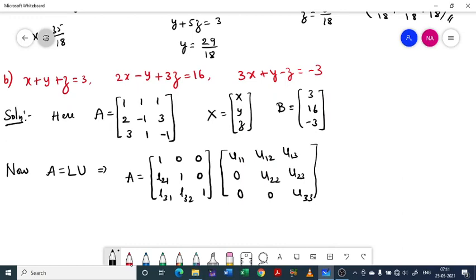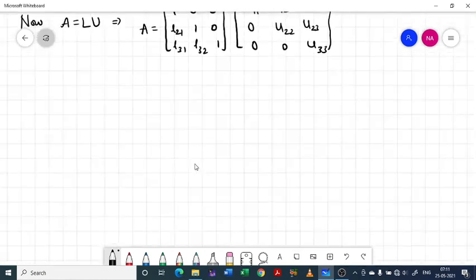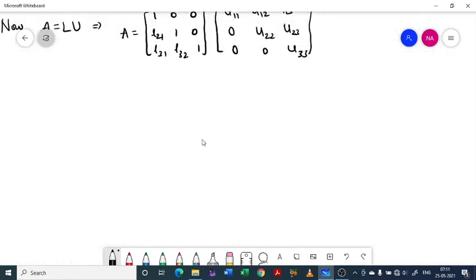As usual, again you have to write A as a product of this, multiply these two matrices, then write the product matrix, then compare corresponding entries and determine L and U. That process I am avoiding here. I will directly write L and U.